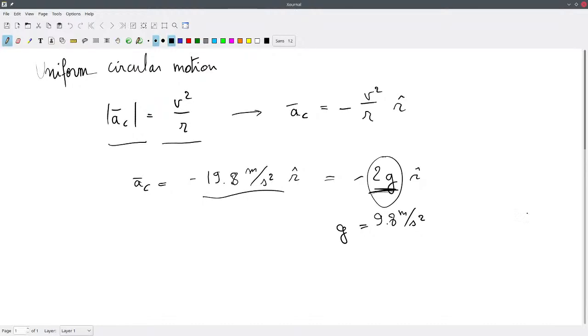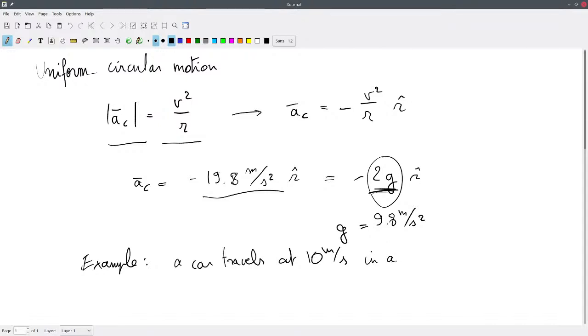So let's look at an example of this for uniform acceleration. I'll give you a minute or so to calculate that. So if we have a car that travels at a speed of 10 meters per second, I'm not saying this is necessarily a realistic speed and a realistic radius that I'm going to give here, but it makes the calculations easier.